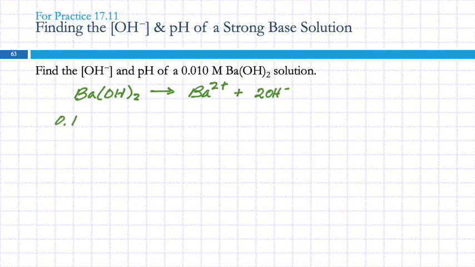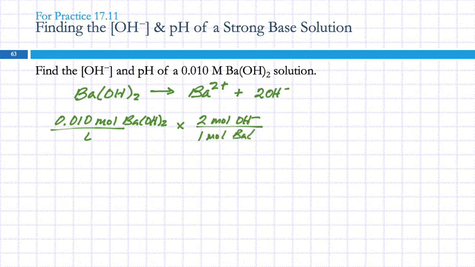So if we have a 0.010 moles per liter barium hydroxide, and we want to know the hydroxide ion concentration, we could think of this in terms of stoichiometry. We're going to get 2 hydroxides for every one of these, or 2 moles of those for every one of those.